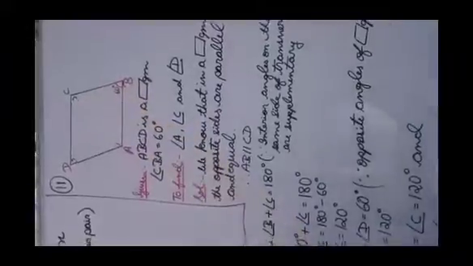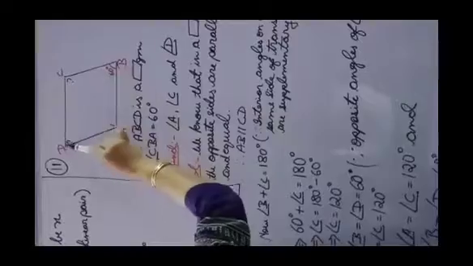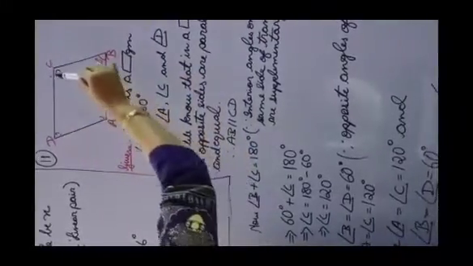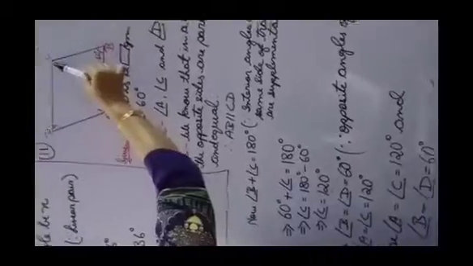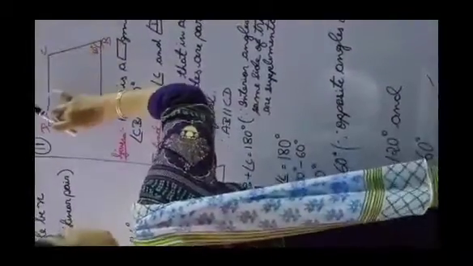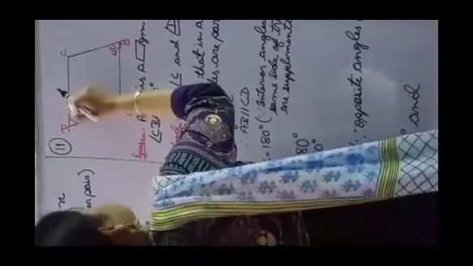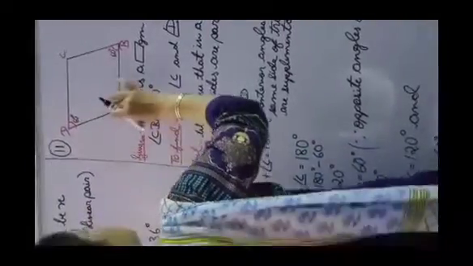So I have found out angle B, I have found out angle C. Now angle B is equal to angle D. Why? Since the opposite angles in a parallelogram are equal. Again angle C I have found out here, that is 120 degrees. So angle C, 120 degrees, is equal to angle A. So I can write here that angle B is equal to 60 degrees, so angle D is also equal to 60 degrees.